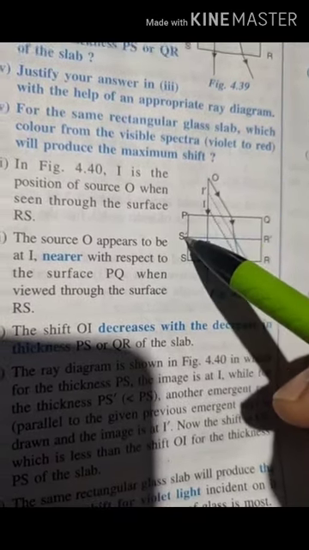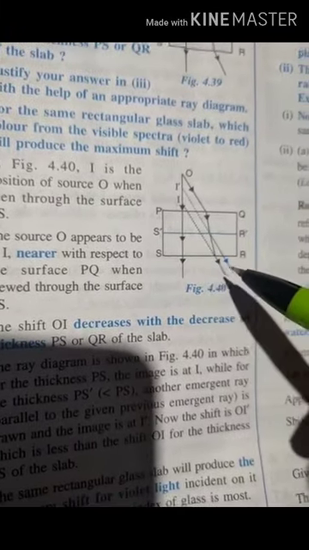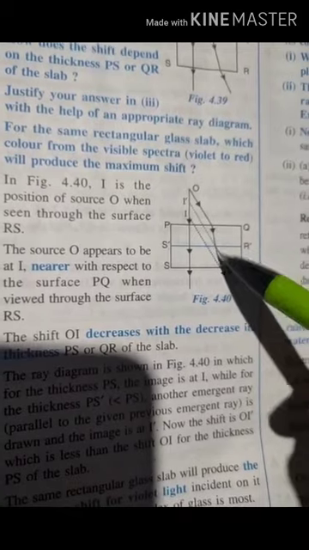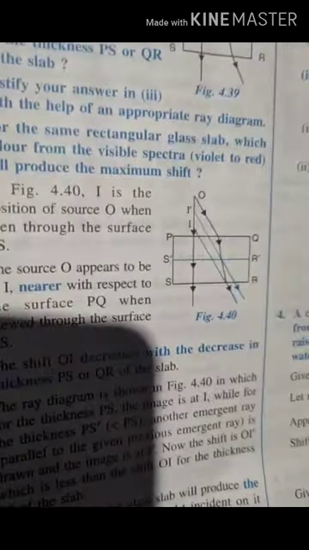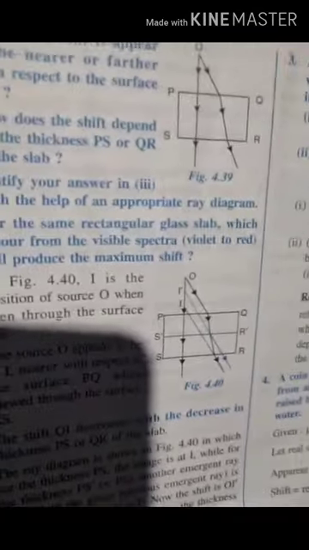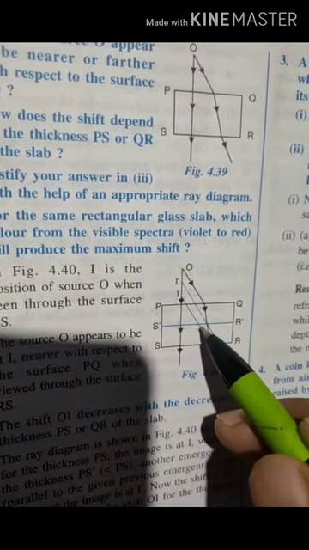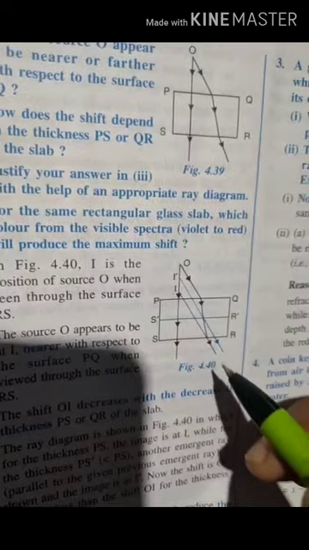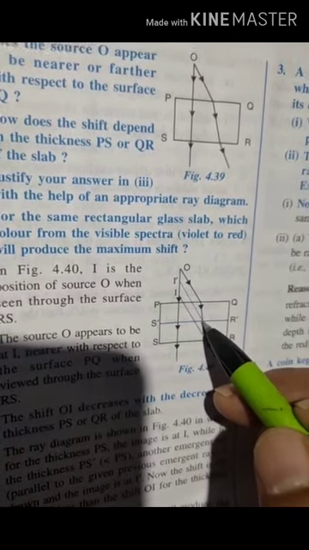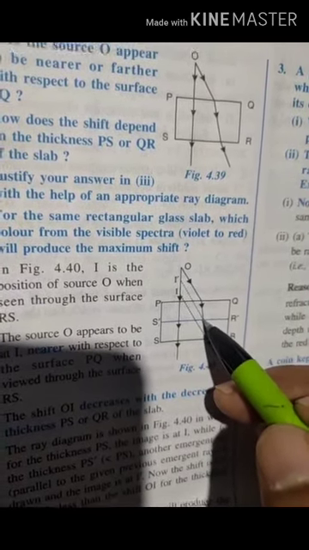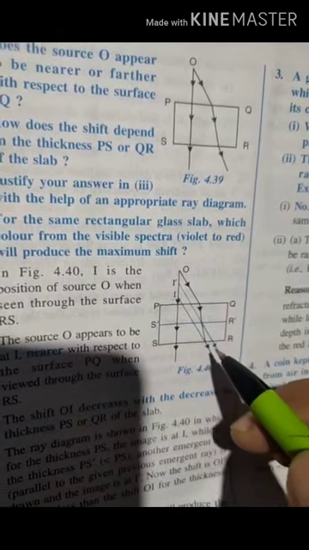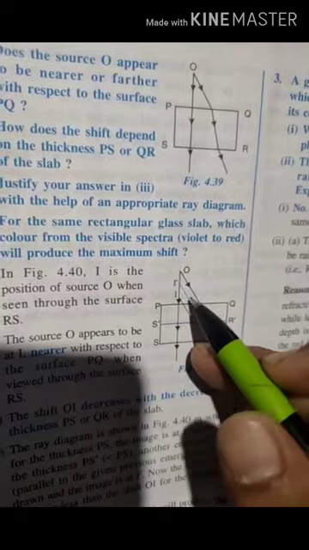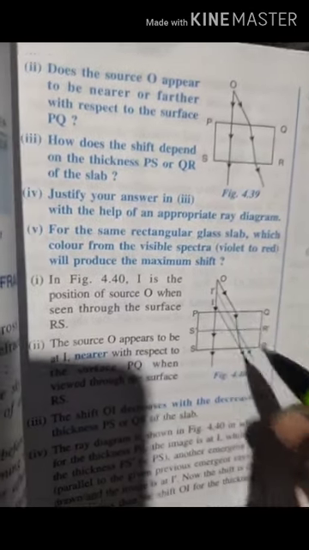Now if you choose PS prime, which is less thick, and see it from SR prime, the ray which we produce backward appears to come from I prime.